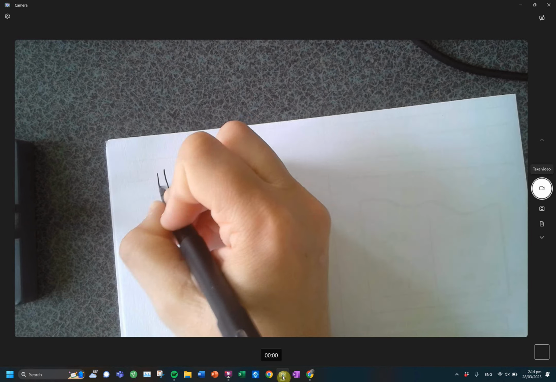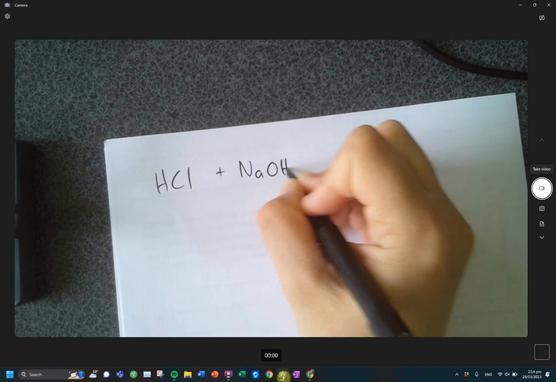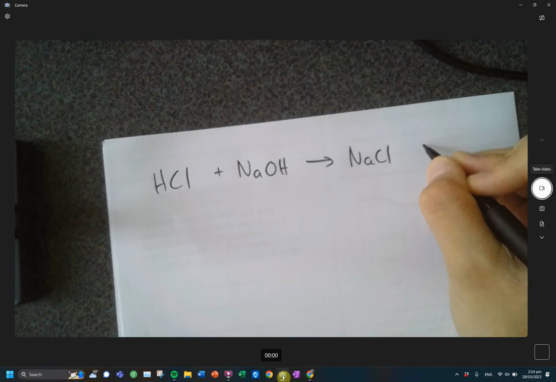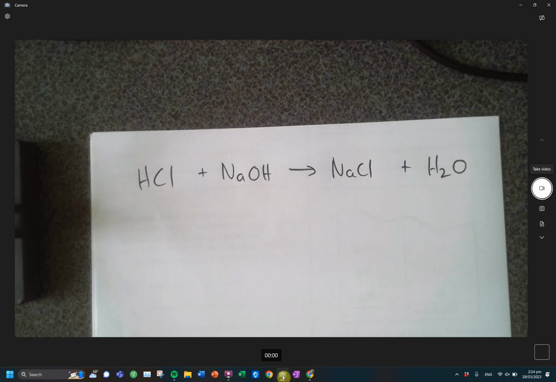So let me write down that equation and talk about that in a little bit more depth. In that reaction, what you were doing is you were adding hydrochloric acid to sodium hydroxide. When it neutralized, it would form sodium chloride and it would form water. So that is what that equation looked like.